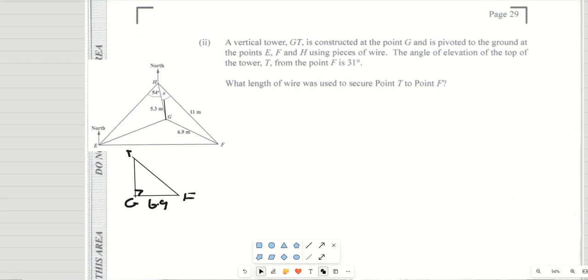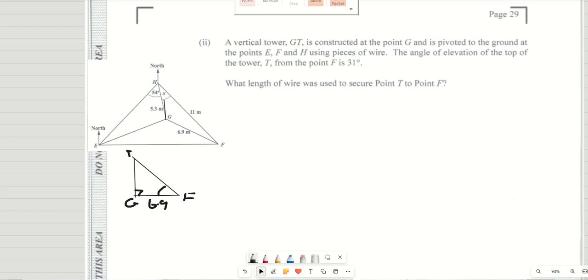We also know that from F we have 31, so this angle here is 31 degrees. Let's just do that over so you guys could see it. This angle here is 31 degrees.